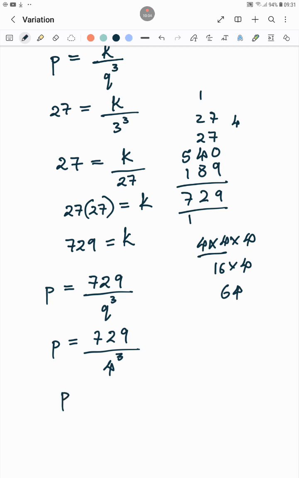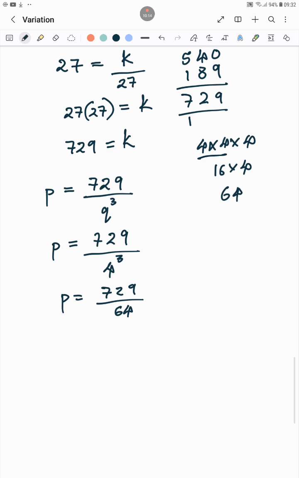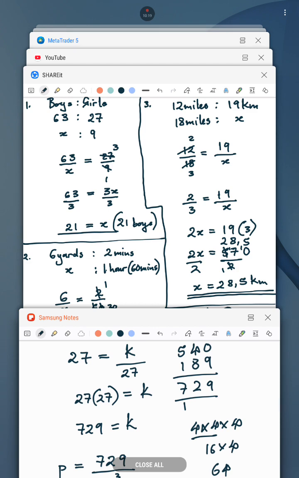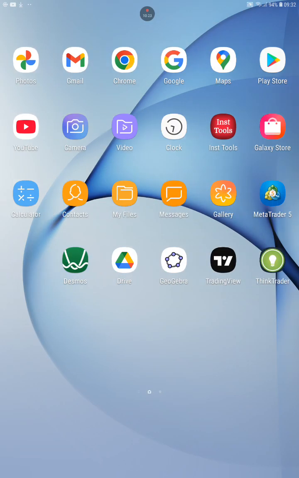So we say P is equal to 729 over 64, and we can use a calculator here. I'm just going to get my calculator now.